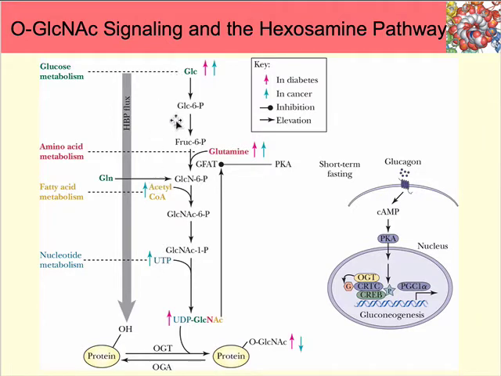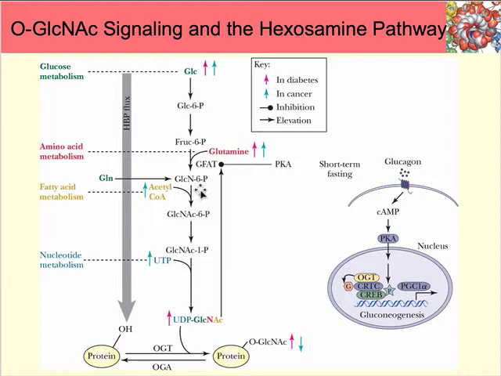Glucose can be converted, of course, to glucose 6-phosphate and then fructose 6-phosphate, and then an enzyme referred to as glutamine fructose 6-phosphate aminotransferase takes glutamine and fructose 6-phosphate as substrates and produces glucosamine 6-phosphate. You can also produce glucosamine 6-phosphate directly from glutamine without involving fructose 6-phosphate, and so either way you end up with glucosamine 6-phosphate as shown here.